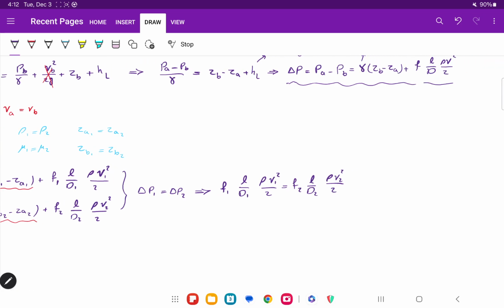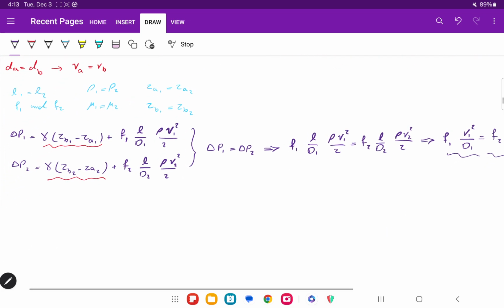Since L and rho are fixed, it means that F1 V1 square over D1 equals F2 V2 square over D2. So this is the expression we derived from the energy equation. The next step is to find something for F.